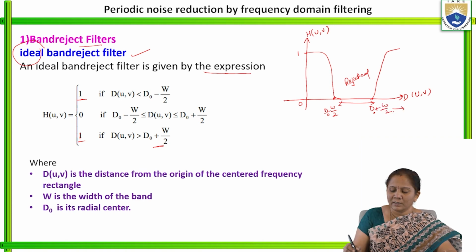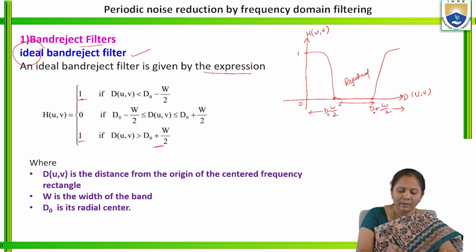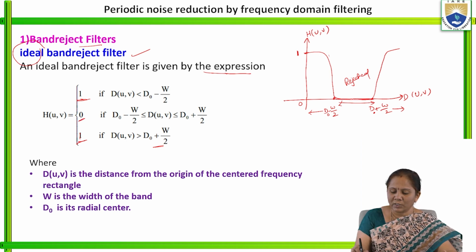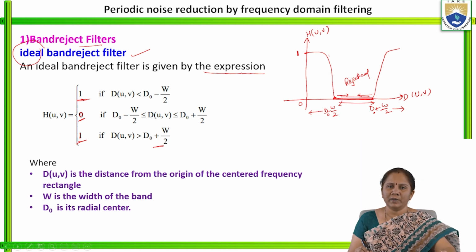Frequencies below and above these values will be passed, so it is represented here as 1, whereas it will be 0 between D naught minus W by 2 and D naught plus W by 2. These are the frequencies that will be attenuated. So this is the expression for the band reject filter.